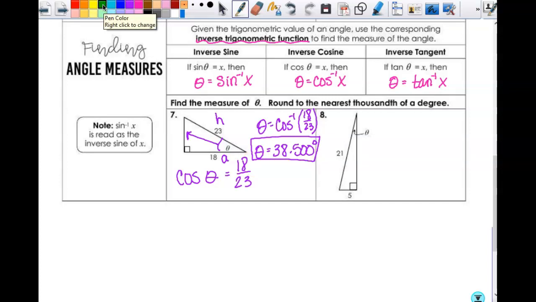It's not a power of -1. That represents the inverse. That's a completely different thing. The power of -1 would be the reciprocal, but that's not what this is. But that's not taking that to the power of -1.